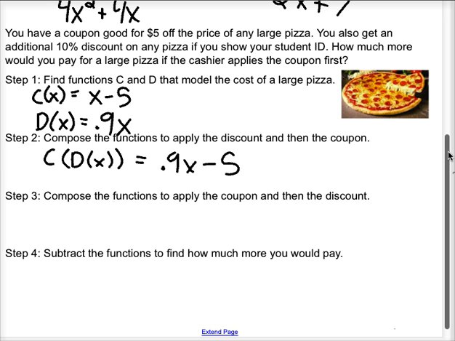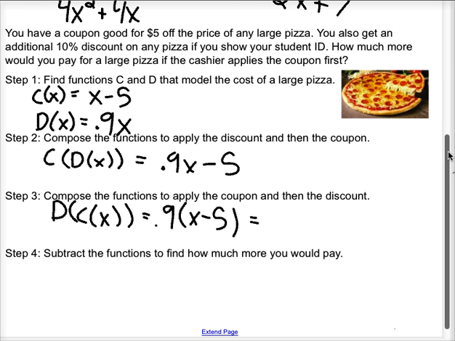All right, now let's apply it in the opposite direction. So this time we're starting with the coupon, and then we're applying the discount. Well, look at what happens this time. So this time we're putting c of x, the x minus 5, in for the x of d of x.